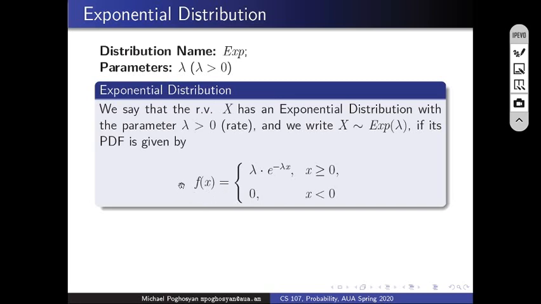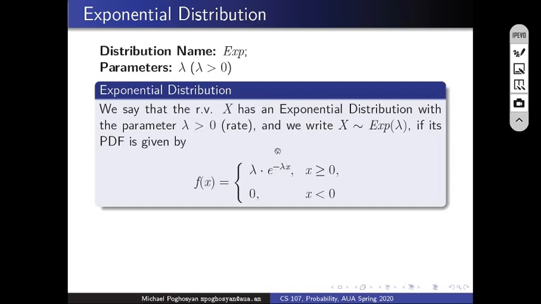The PDF is equal to 0 if x is negative, and the PDF is equal to lambda times e to the minus lambda x if x is non-negative, x is positive or 0.